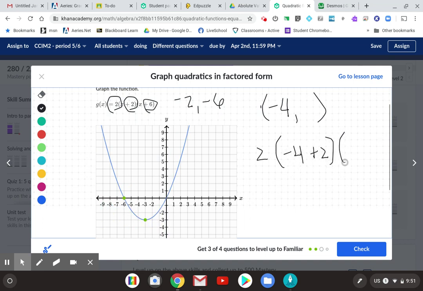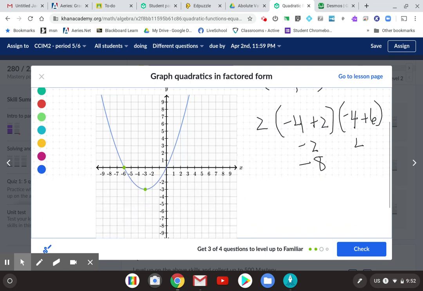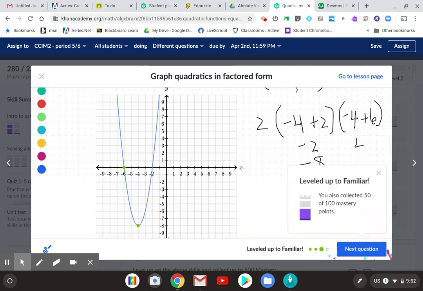Both places you have the x. So we'll get -2, 2, 2 times 2 is 4, 4 times 2 is 8. We get -8. So we're going to move this one to (-4, -8). Okay. And you got it.